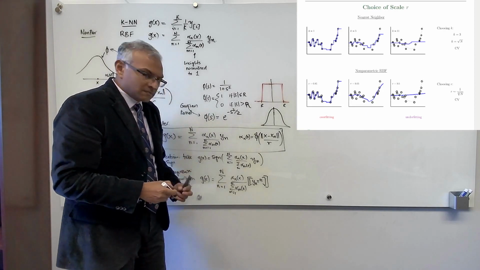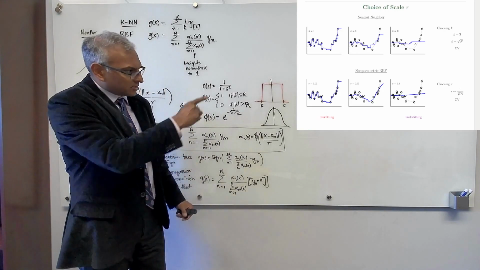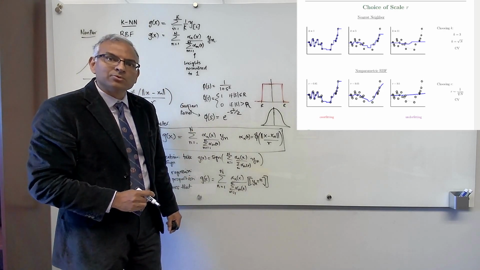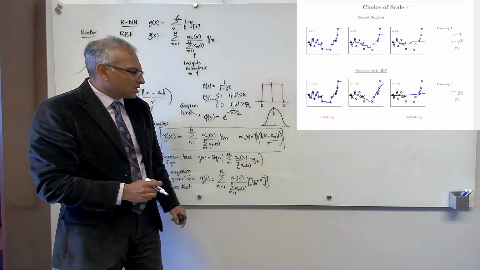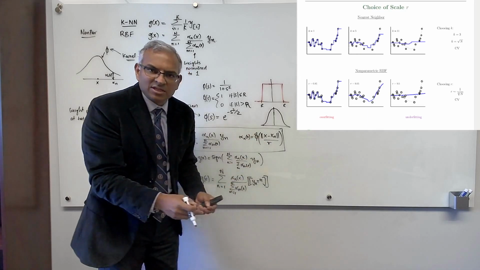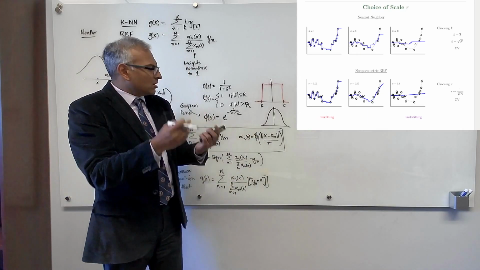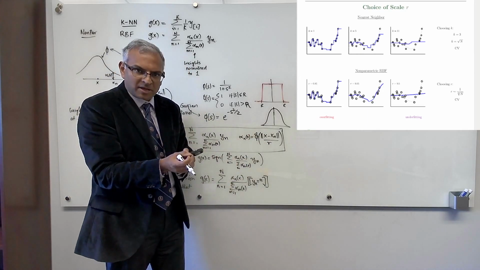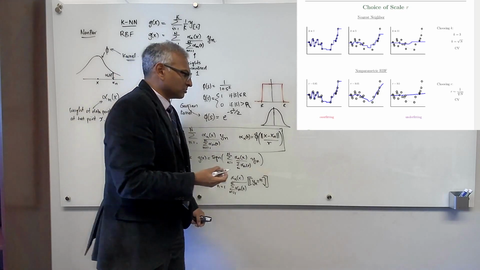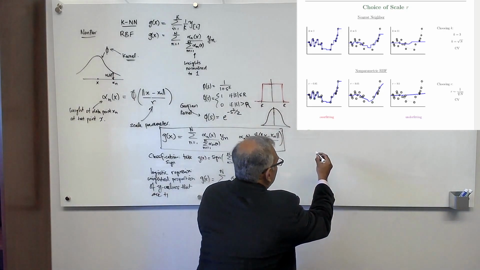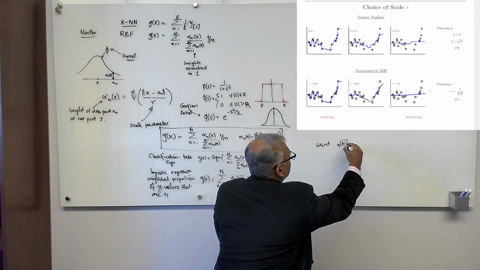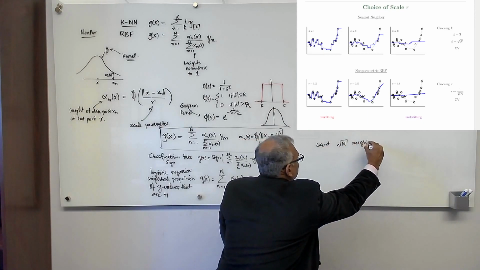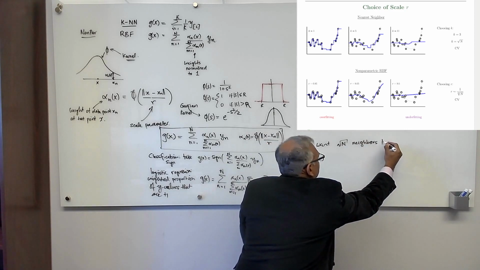Alternatively, we can go back to the analysis that gave us square root of n for the k-nearest neighbor and ask what value of r will give us approximately square root of n of my close-by neighbors giving a significant contribution. So if we want square root of n neighbors to contribute.